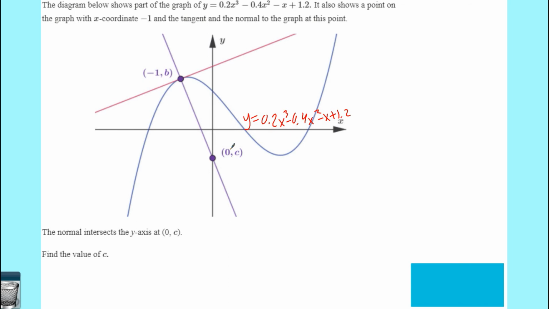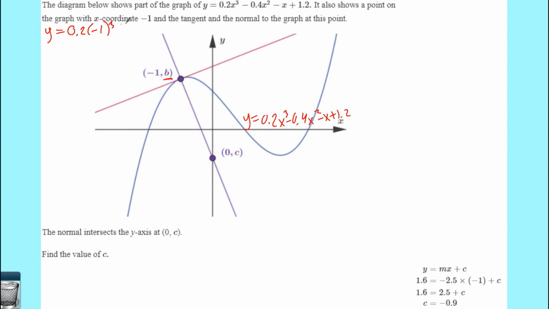So I think the first thing we should do is probably figure out that b value, all right, because that's a point on my original graph, so I can plug it into my equation. So we get y equals 0.2(-1) cubed minus 0.4(-1) squared minus (-1) plus 1.2.